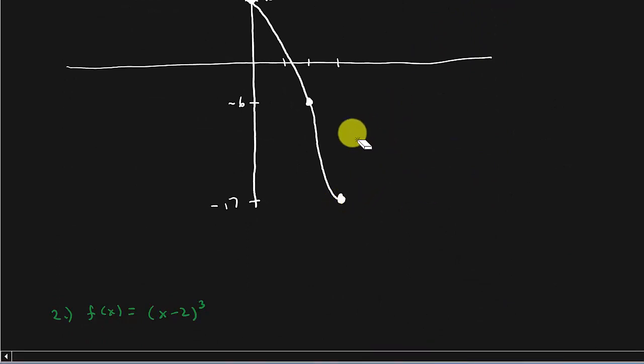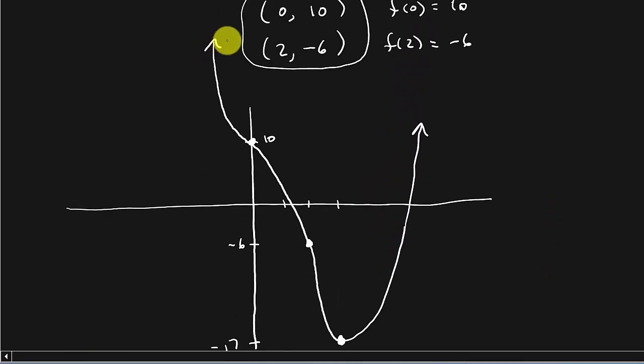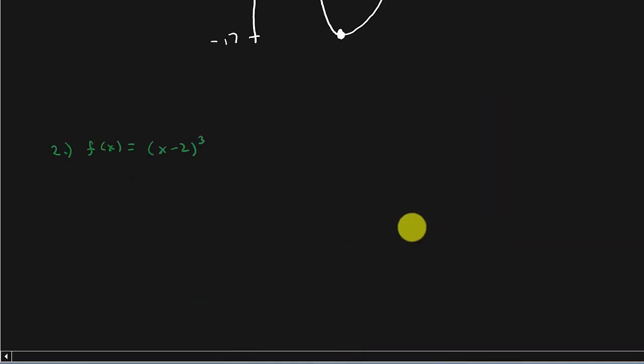It's hard to draw these things on this screen. It's kind of slippery, but that's what your graph is going to look like, something like that. Okay, see, it's concave up, changes to concave down, and then it changes to concave up again, and it's decreasing all the way to 3. All right, that's your graph.